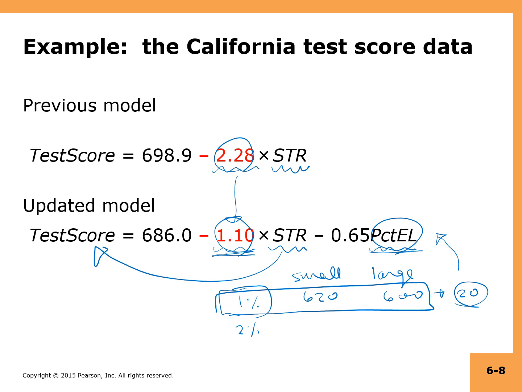In other words, because the absolute value 2.28 is greater than 1.1, in the previous simple linear regression model we were overestimating how much impact student-teacher ratio has because we omitted the factor percent English learner from the model. And we can say that the previous model, the simple linear regression model, suffered from omitted variable bias.